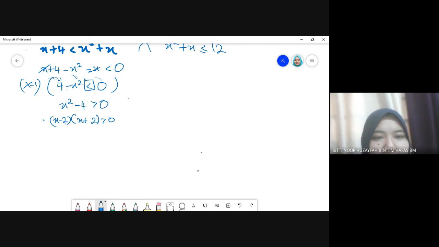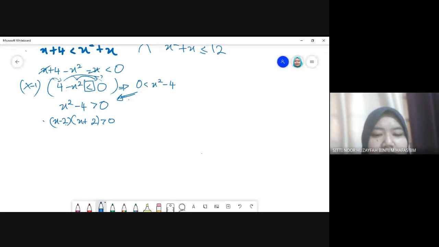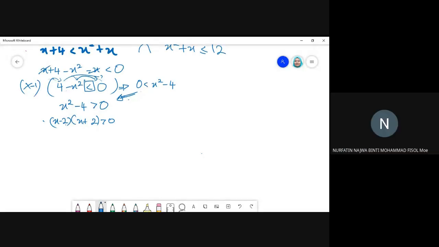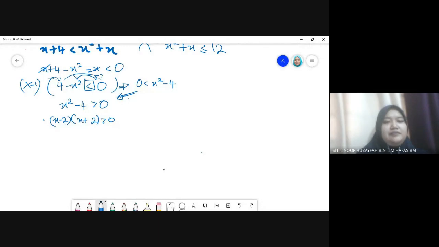Ataupun ada setengah tu, dia bawakan semua ke kanan, tukar tempat. So dia akan jadi kosong kurang daripada X kuasa 2 tolak 4. Tapi sama aja, sekali kita swap balik, dapat X kuasa 2 tolak 4 lebih besar daripada kosong. Okey ke? Okay, faham. So sekarang dia kuadratik kan, so kita ada X sama dengan 2, X sama dengan negatif 2.